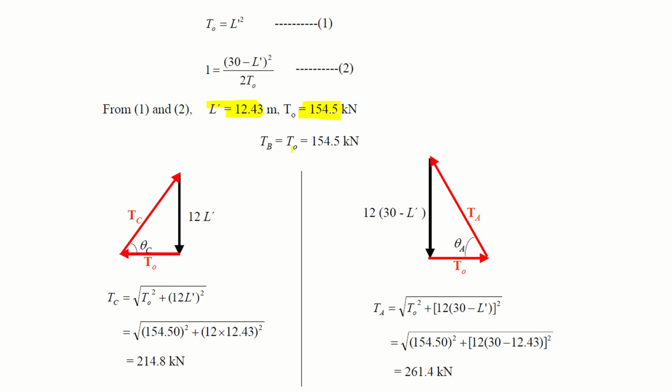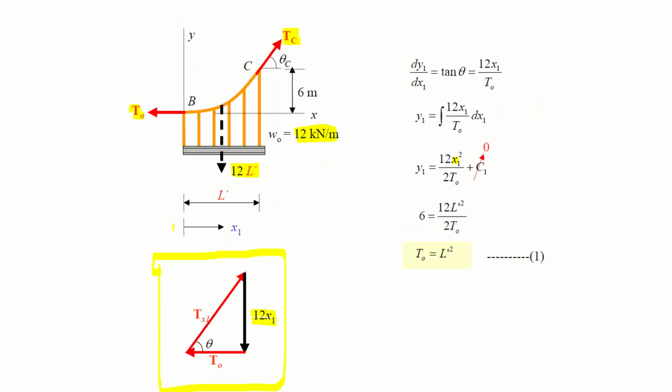Now you know tension at B, you have to find tension at A and tension at C. So again, using the same approach, the same triangles that we used previously. See, for example, T naught and 1/2 L dash. Here it is TC. Previously it was T x1, right?